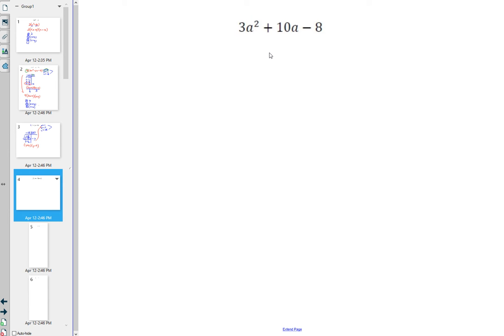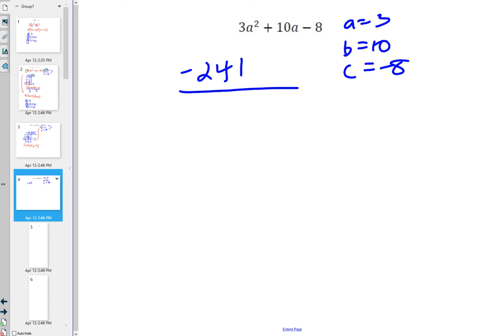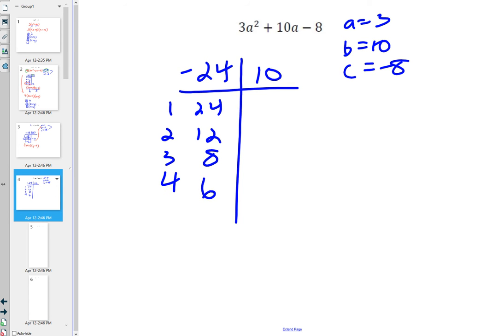Just like the one we did before. This is almost identical. Now we don't have a 1 in front. And 3 times negative 8 is still negative 24, but now it adds up to 10. 1 and 24, 2 and 12, 3 and 8, 4 and 6. Whatever the bigger one is, that one has to have the sign that's here.